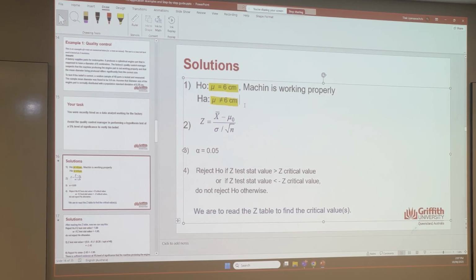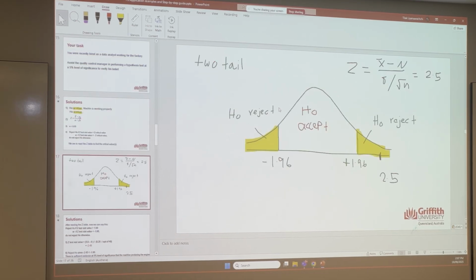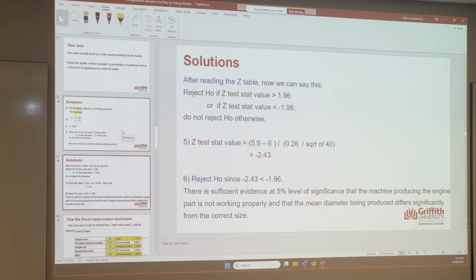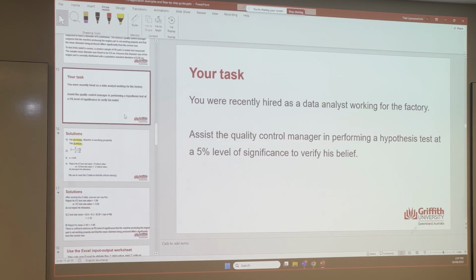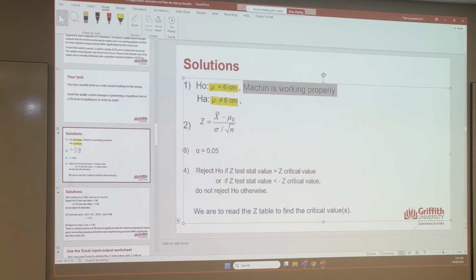This one, that means, how do you write this one? The machine is not working properly. You know why?